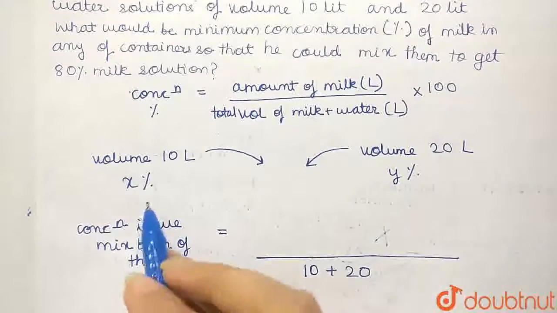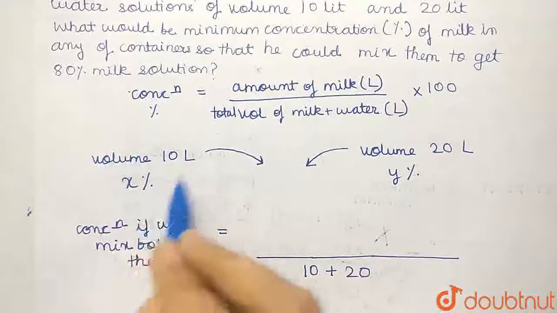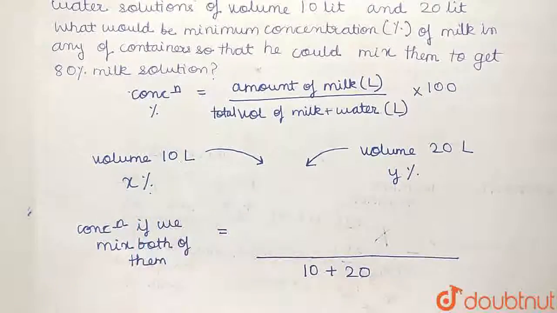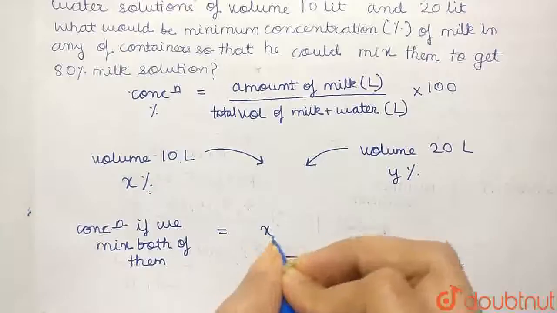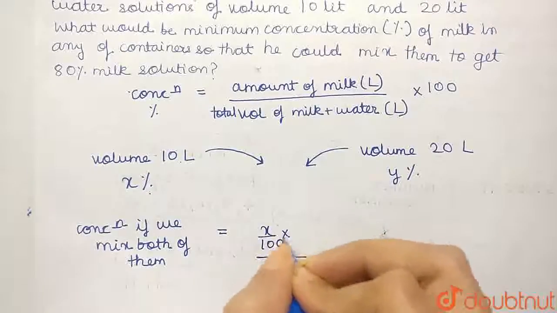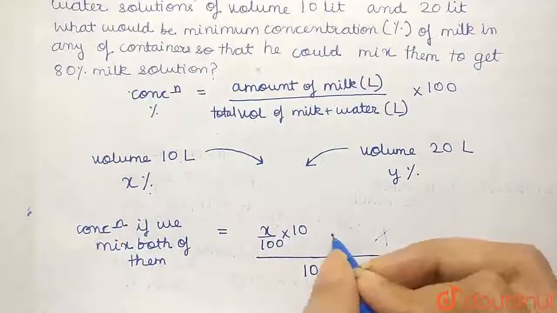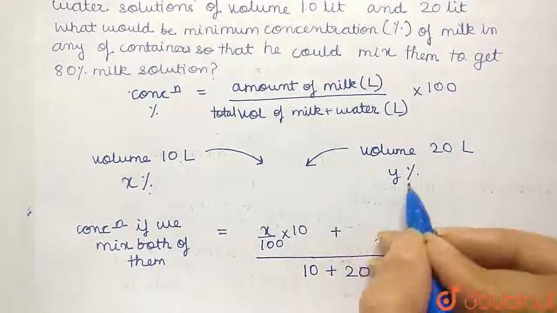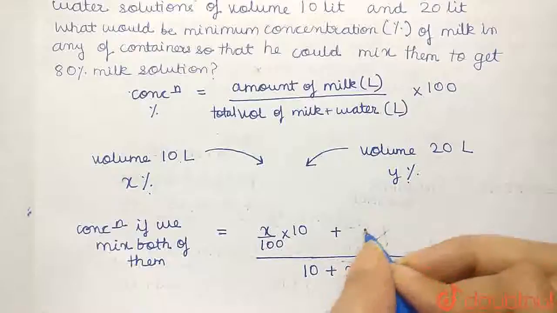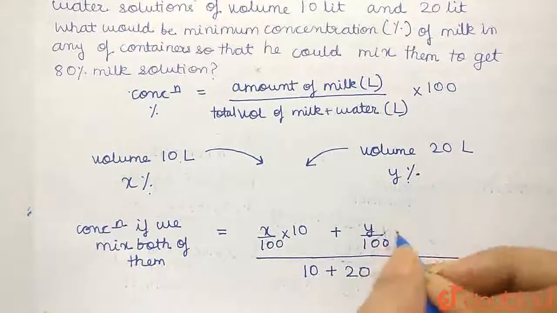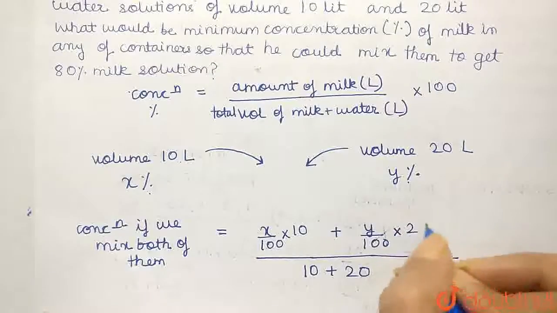However, the amount of milk from the first container would be X% of 10 liter, that is X by 100 into 10, since X is the concentration of milk as we had assumed, plus Y% of 20 liters, that is Y by 100 into 20, by the standard definition of percentage.